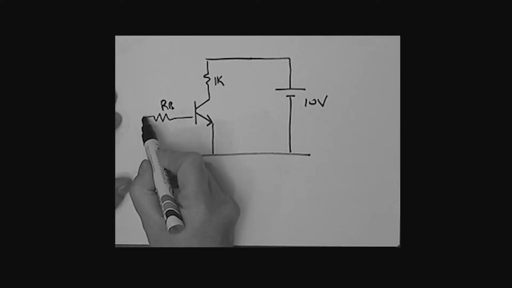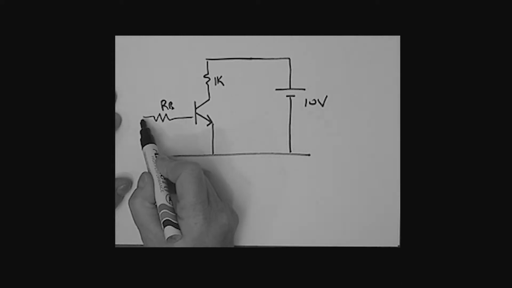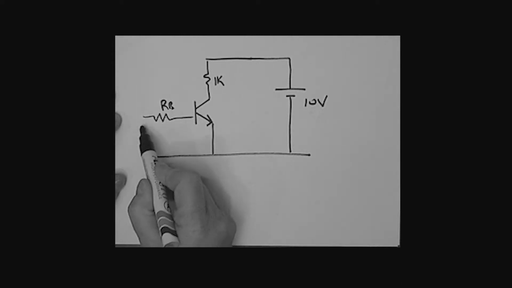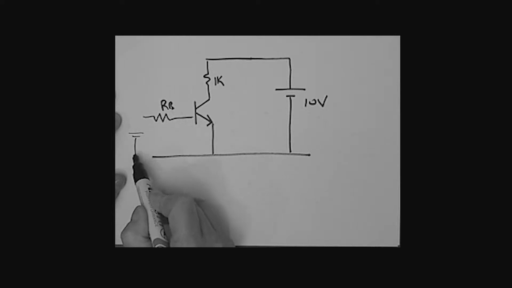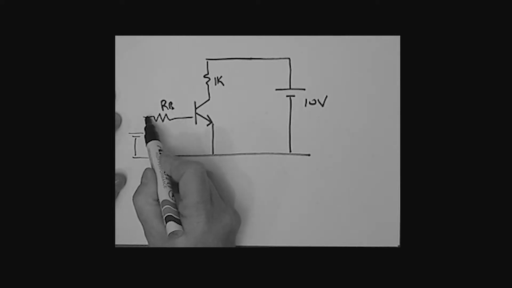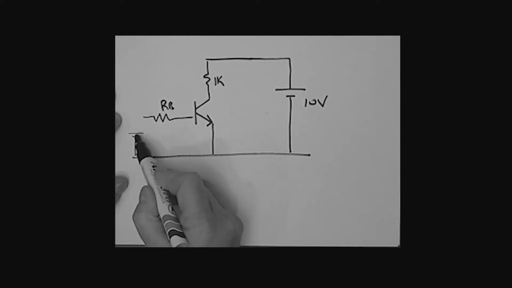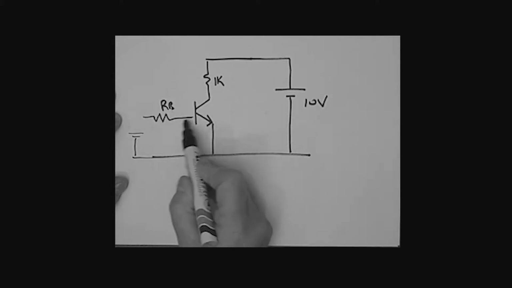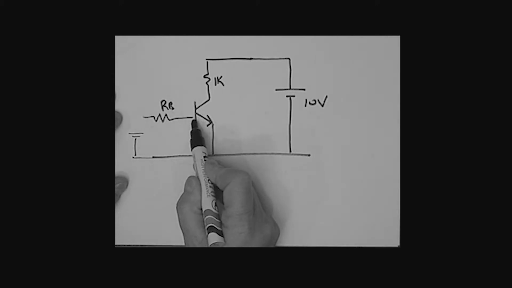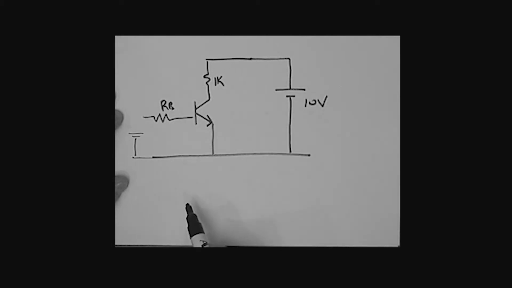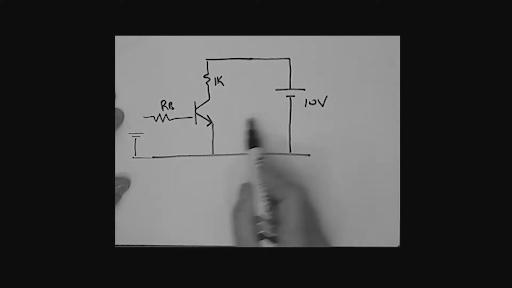All right, now before, to establish my operating point, what did I have? I had a little DC source sitting over here, and that was connected like so. The value of the DC source and the RB established the base current, which established where my operating point effectively was, in conjunction, of course, with the load line consideration over here. Now that's two power supplies.